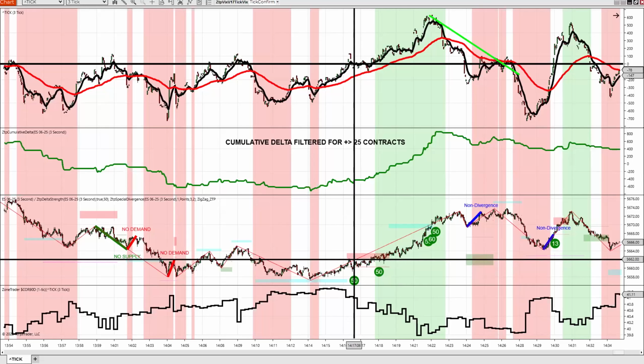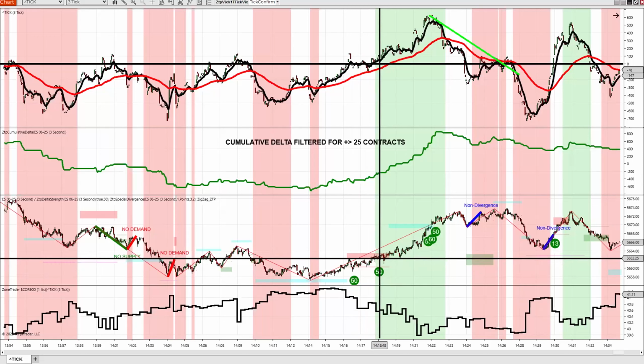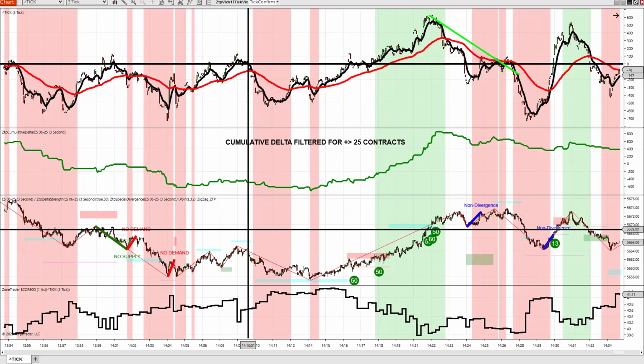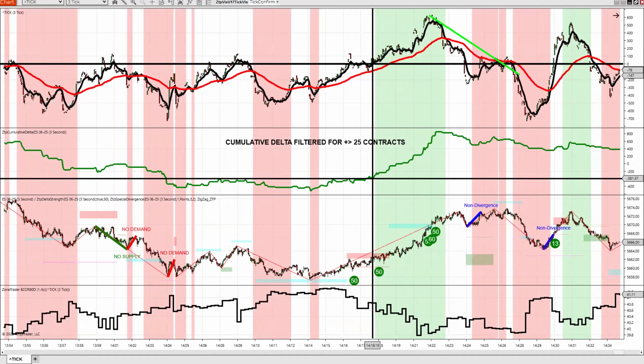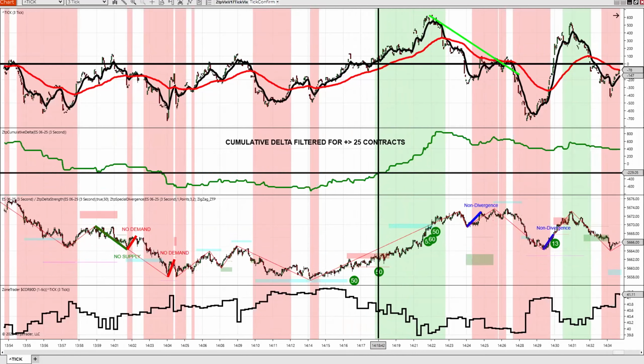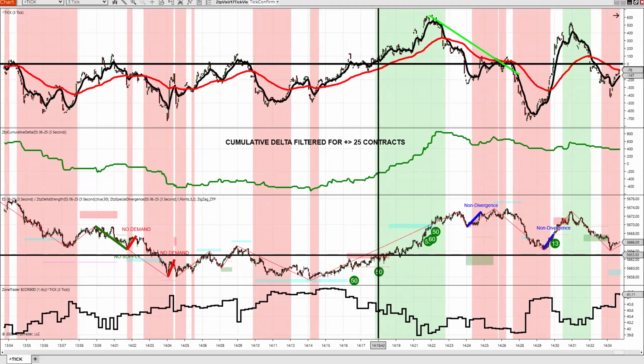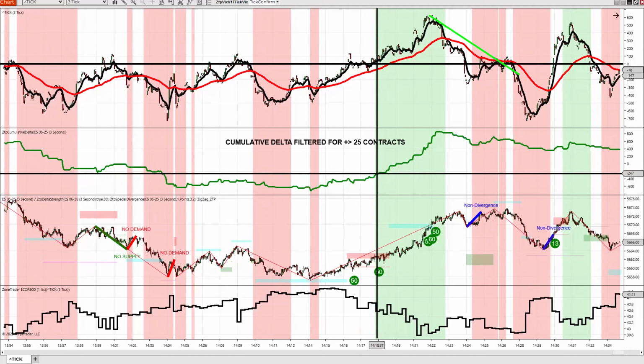But if you did take it because you're a little greedy or something, by the time that this thing goes green, you haven't lost any money yet, and you're given the full opportunity to get out. That's really what's important. Is this the way I've got this set up? You can see going into that the large lots were being bought at that point, and a point at which you can exit for a scratch.